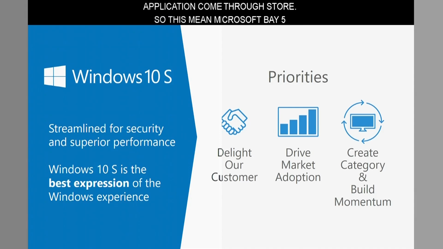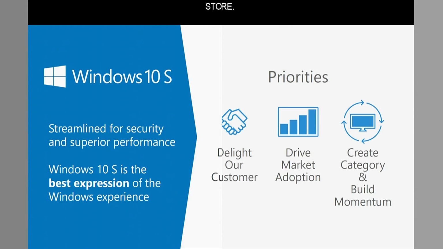And also Windows 10s is the best expression of the Windows experience, like Edge, Store applications, Ink, or Windows Hello. Windows 10s basically supports everything except applications from outside the Store. That way, users will be able to feel safe, and this will also improve the performance over time.